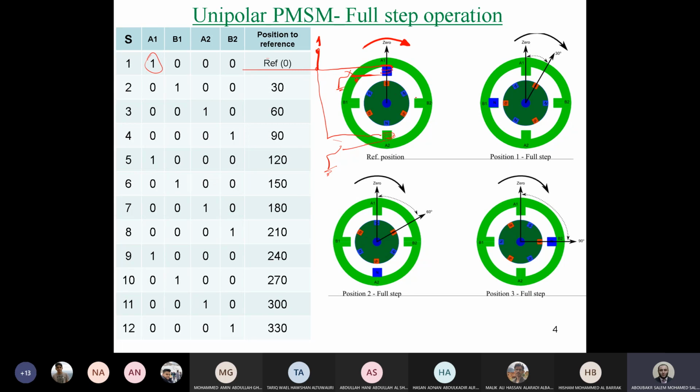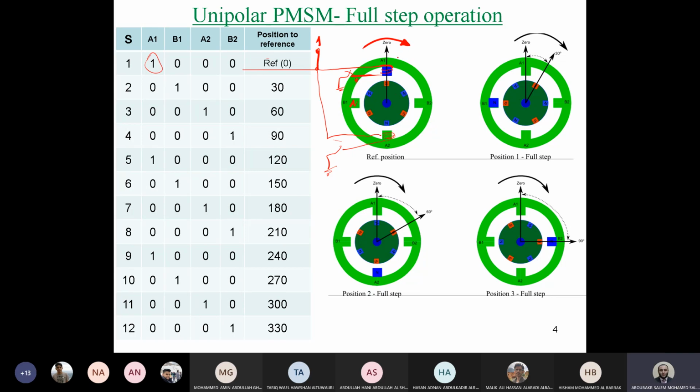B1 or B2? B1. If you energize B1, this means B1 will be N. And if this is N, it will attract the pole S. And in this case, the motor will rotate in this direction. This is completely right. Thank you, Hisham.